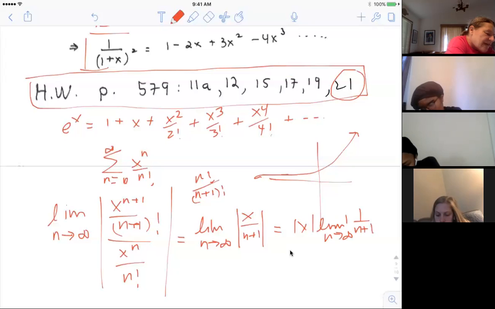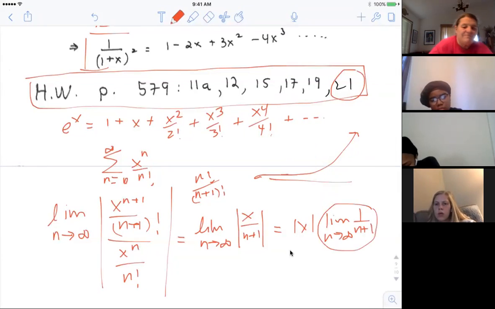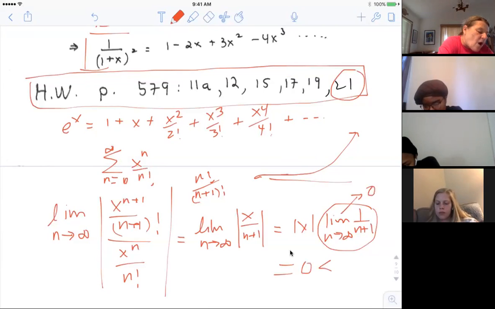What is that limit right there, guys? It's 0. So it doesn't really matter what x is at all. You'll get 0. 0 is always less than 1, which says what about where that converges, guys?